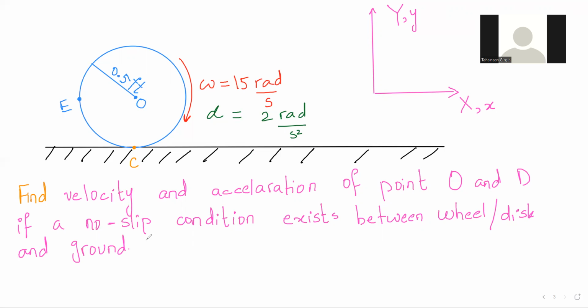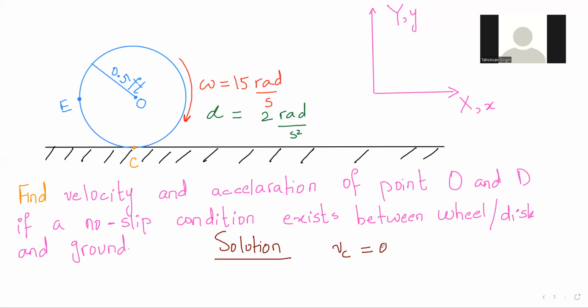Good, very good answer. Everyone, in an exam setting, I will be just using this wording and you have to figure out. No slip condition exists means VC will be equal to 0. But I did not tell you that AC is 0 or not. We will talk about it. VC is 0.